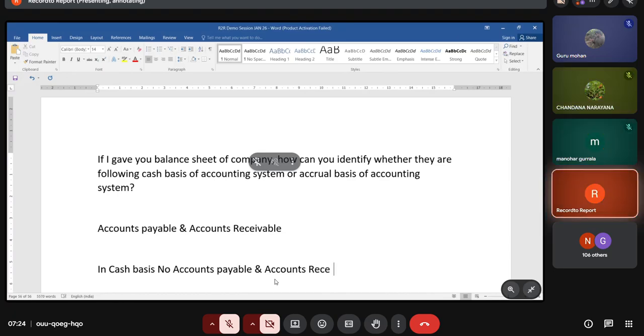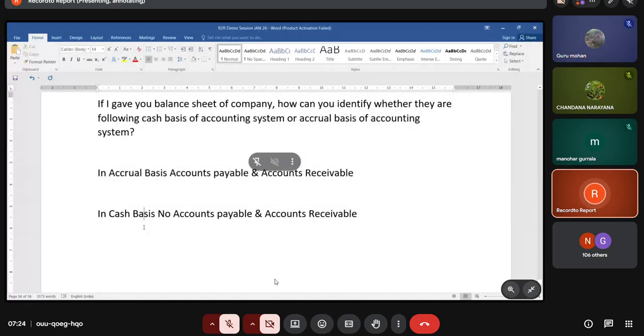So in the accrual basis, the balance sheet shows accounts payable and accounts receivable balances. And in the cash basis of accounting system, there is no accounts payable and no accounts receivable. It's clear? Okay, fine.